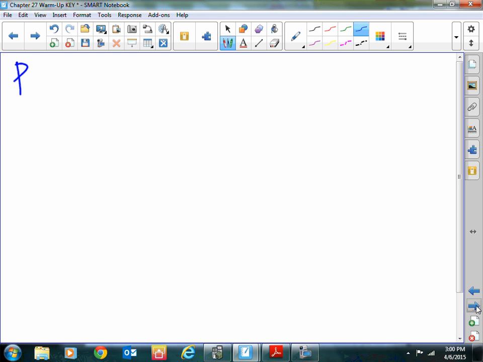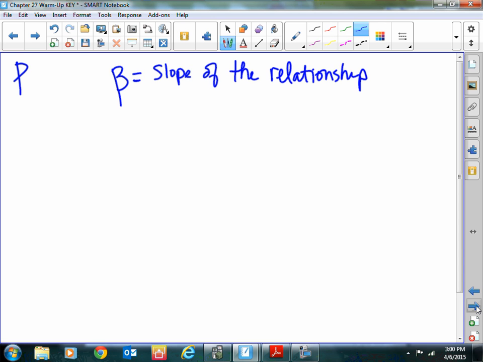So our p for our phantoms model is the population parameter. Beta is what we are going to be finding, and beta is the slope of the relationship between average temperature and electricity usage.